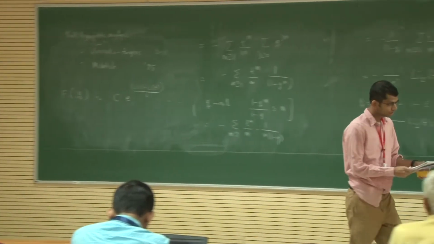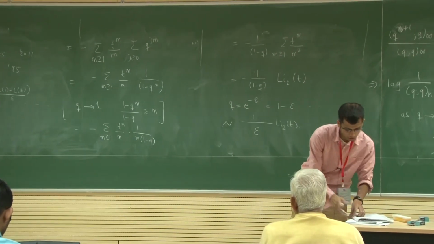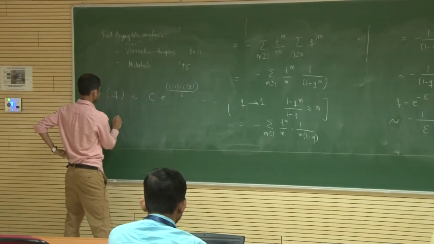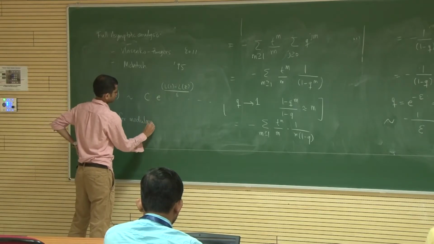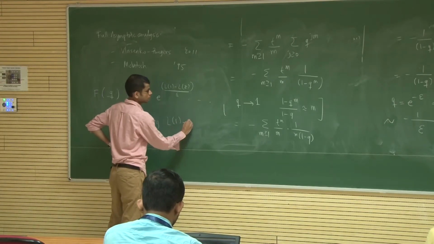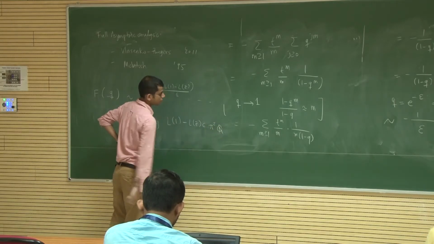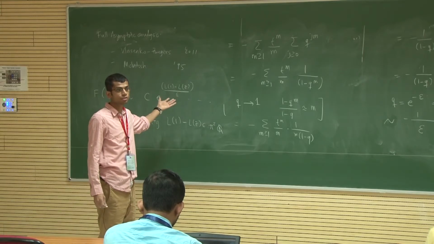All right. So now you see that this imposes a strong condition, because this means that this number for modularity must be a rational multiple of pi squared. That is a necessary condition for it to be modular.